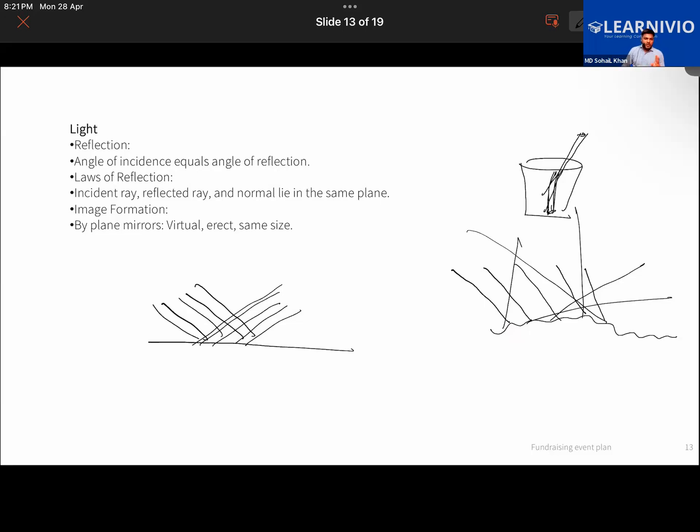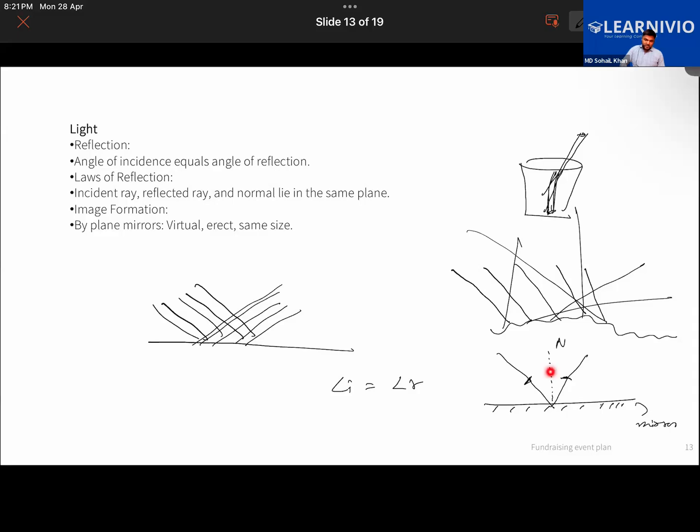Then there were two main laws of reflection. First, we learned that the angle of incidence is equal to the angle of reflection. If this is the plane mirror, this is the incident ray and that is the reflected ray. In between, we draw an imaginary line perpendicular to the surface of the mirror, called the normal.